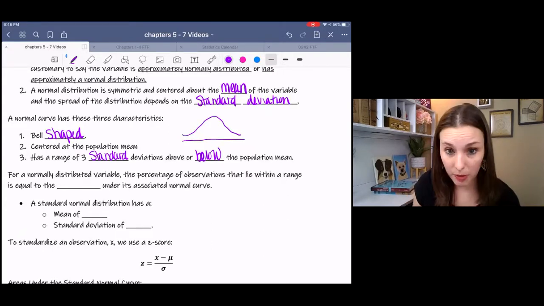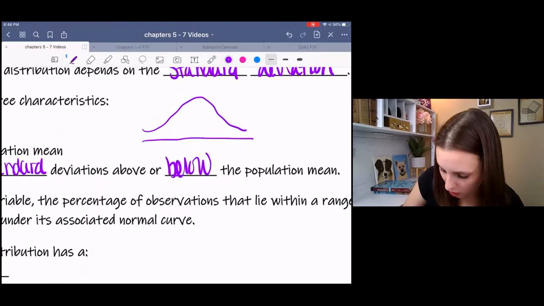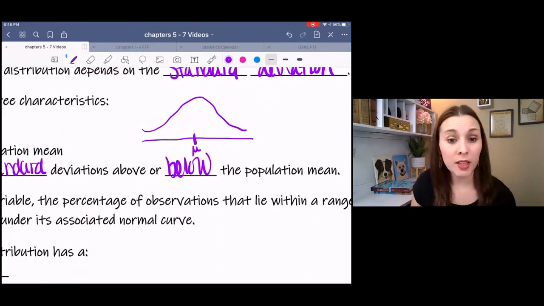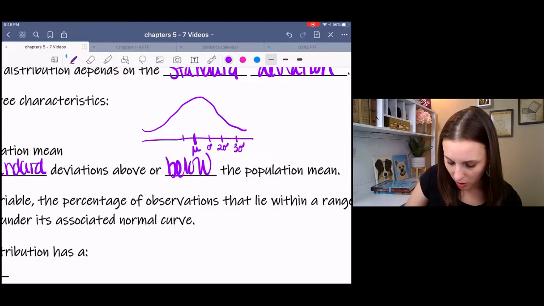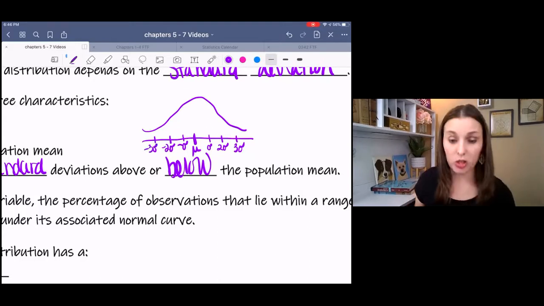That's a bad picture, but it's just a sketch. We have our population mean in the middle, the center. And then we have 1 standard deviation above, 2 standard deviations, 3 standard deviations, 1 standard deviation below, 2 standard deviations below, 3 standard deviations below.